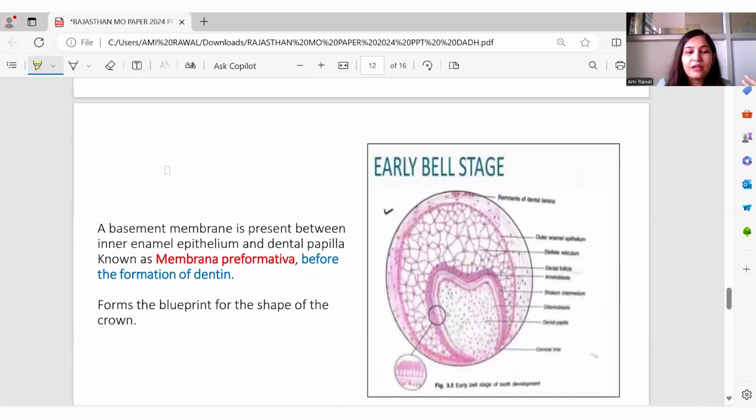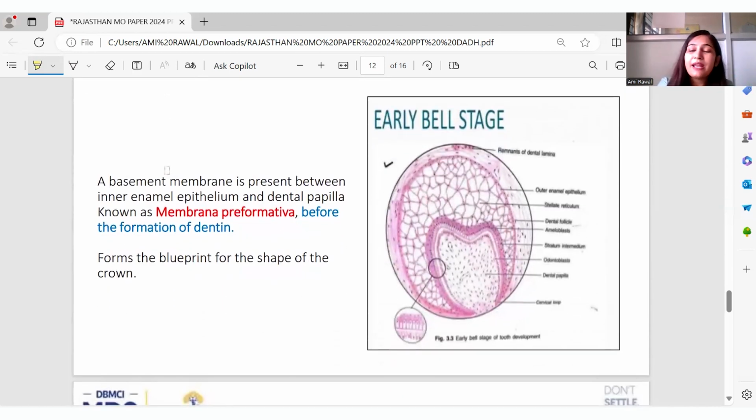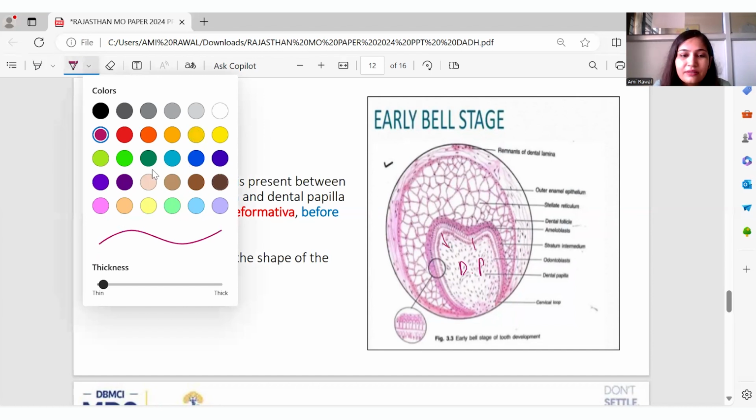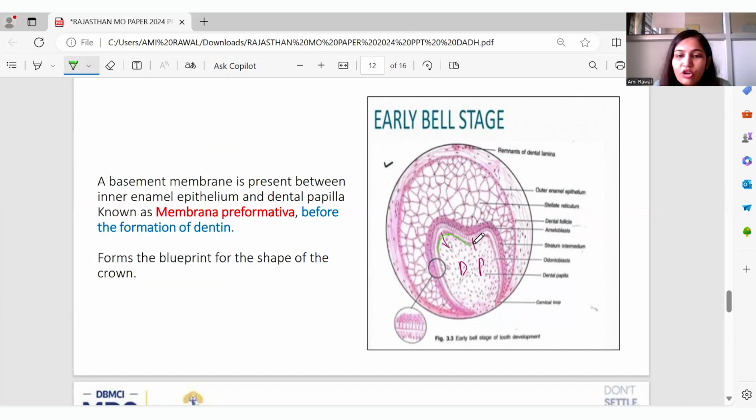What is membrana preformativa? It is a basement membrane between inner enamel epithelium and dental papilla. Right. So here you can see this is dental papilla and these cells are inner enamel epithelial cells. And between them we have a layer, that is membrana preformativa, the basement membrane type of structure separating the inner enamel epithelium from the dental papilla.